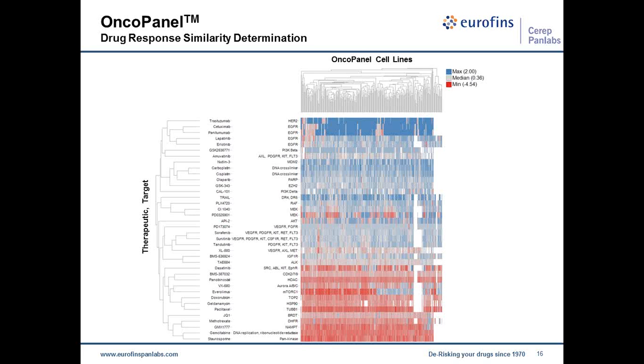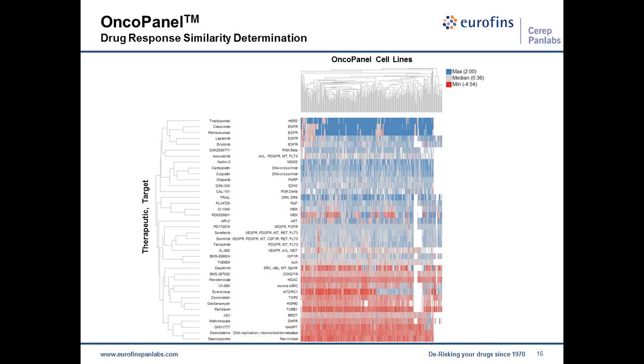So if somebody's interested in the drug response for a reference inhibitor, we can sell that as well. But what we can do is take a client's compound and cluster the drug response against this reference collection to try to provide some insight into how their drug behaves in relation to other drugs with known mechanisms of action.